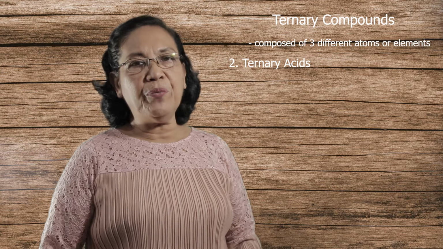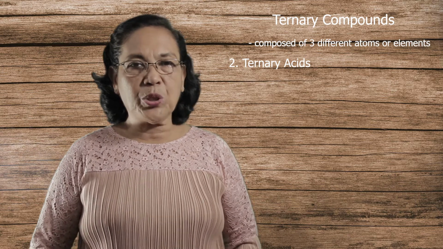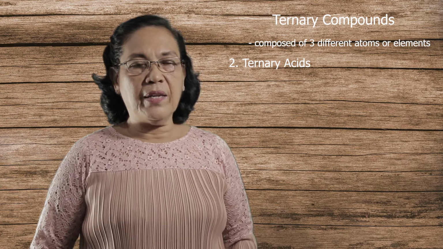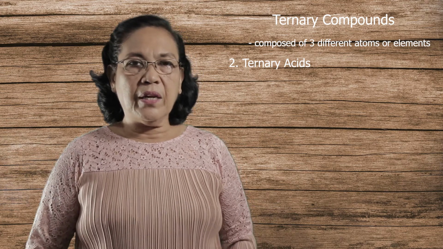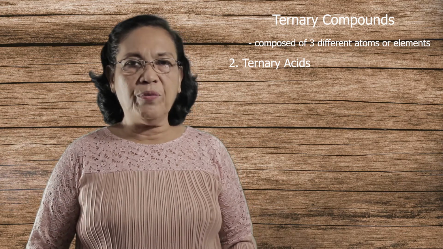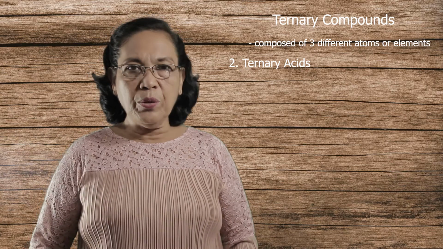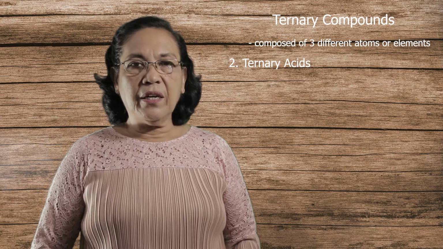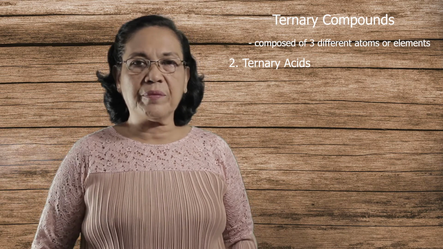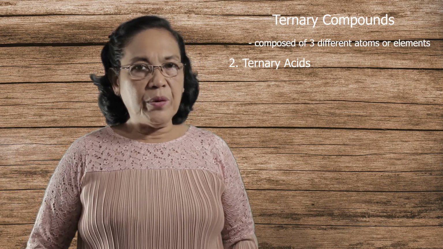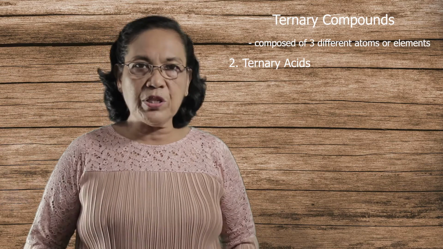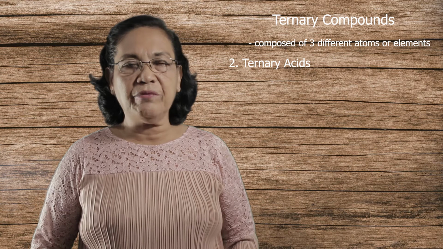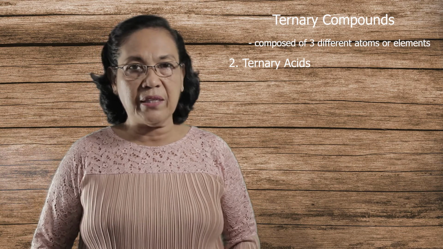Another good example would be H2SO4. Now, H2SO4 is composed of 2 atoms of hydrogen, 1 atom of sulfur, and 4 atoms of oxygen. We know that if there is a subscript 4 to oxygen, you multiply that by -2, so it makes -8.